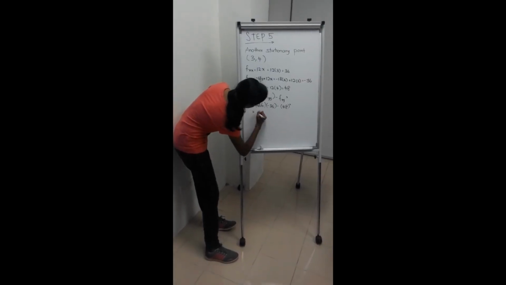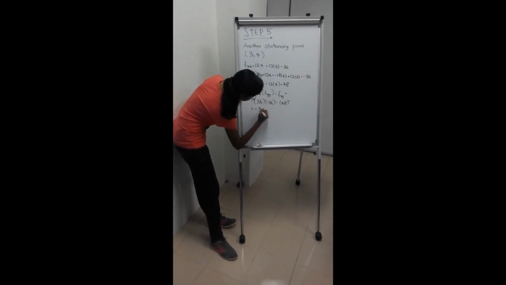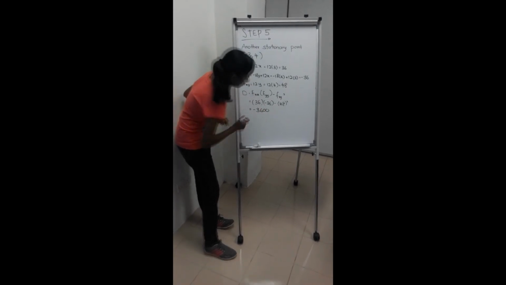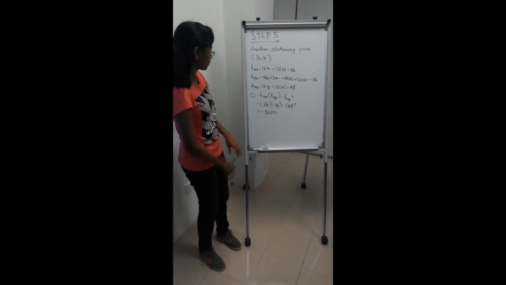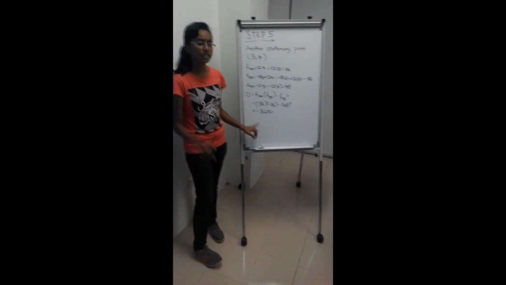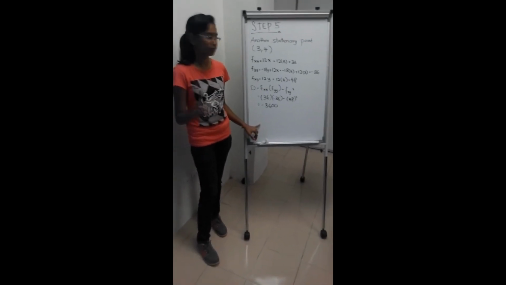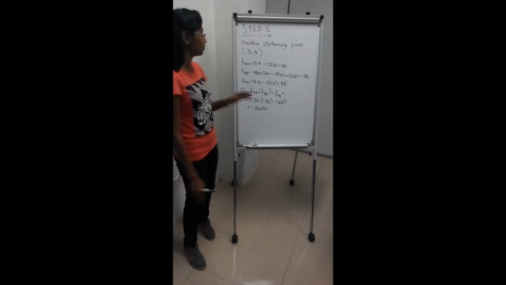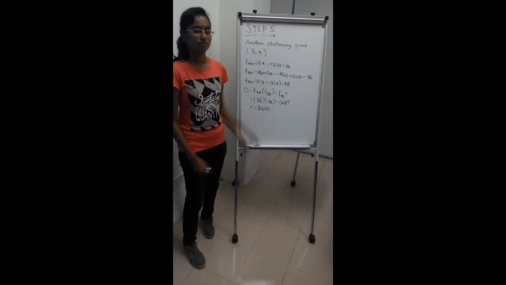So the value we get is negative 3600. Since the D value we get is negative, D is less than 0 and the function has a saddle point at the point 3 and 4. Thank you.